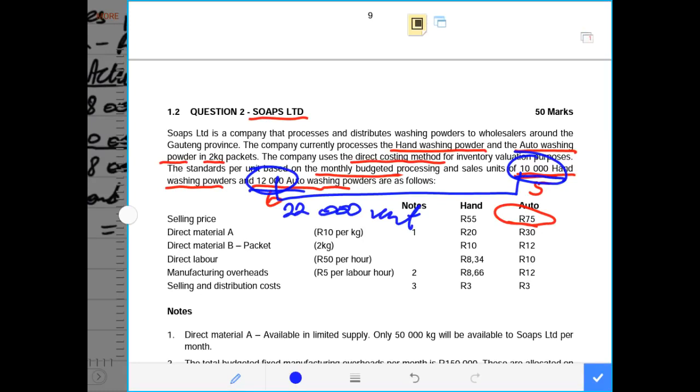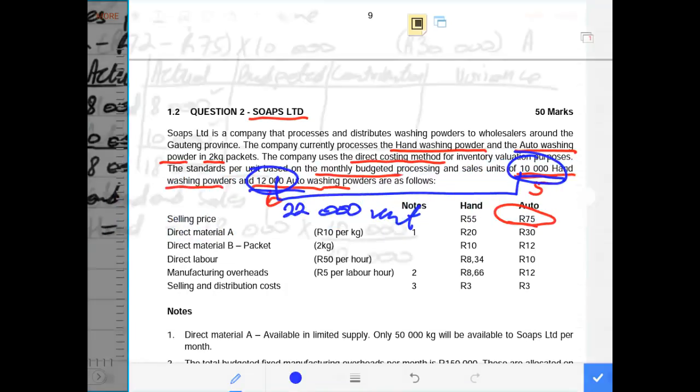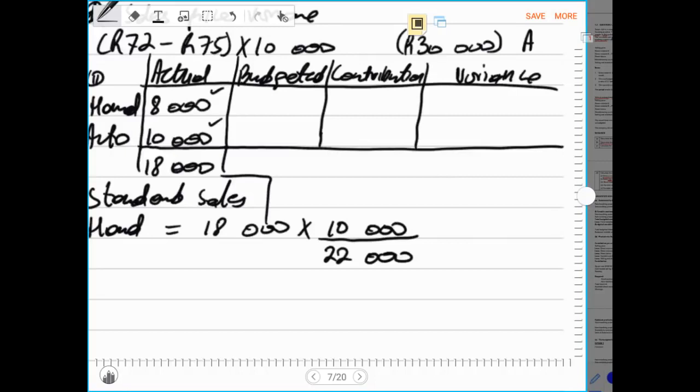So that is how you calculate the number of units whenever you are dealing with the sales mix variance. You take your budgeted units, you use that as the base to allocate your actual sales, and that becomes the standard sales or the budgeted sales.